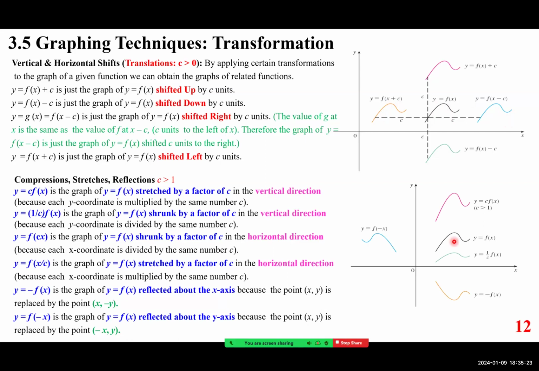Now going back to the original function, y equals f of x. And remember, c is going to be positive, and in this case we are assuming it's larger than 1, like 2, 3, 4, 5, 1.5. So if we multiply the function by c, c times f of x, it multiplies its y coordinate and brings it up by a factor of c. It has a stretching in the vertical direction.